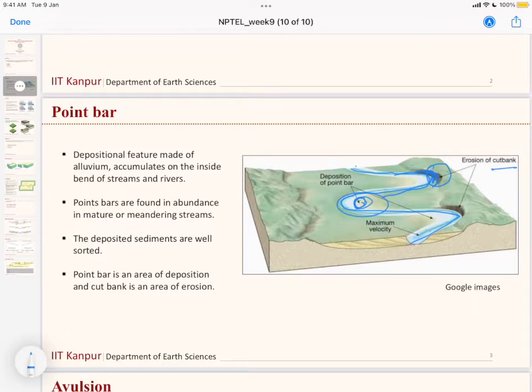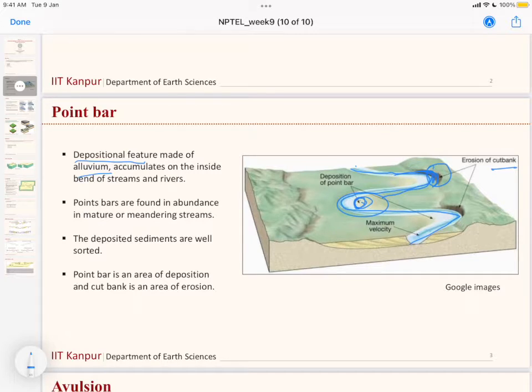So it is a depositional feature. Always remember that point bars are depositional features made of alluvial sediments that the river carries.